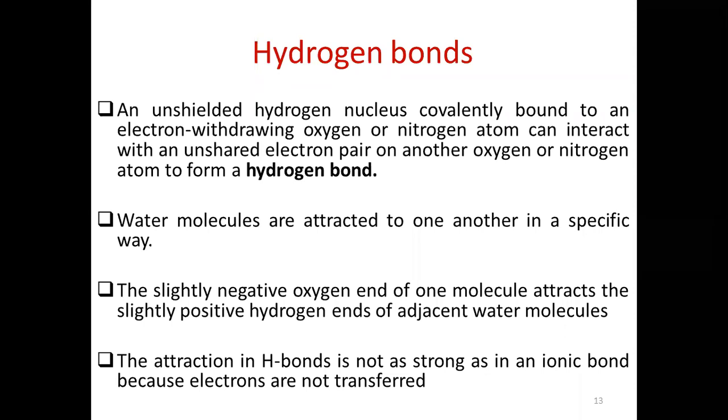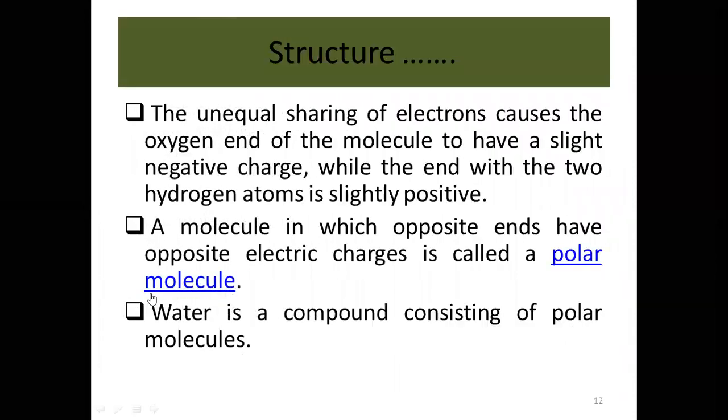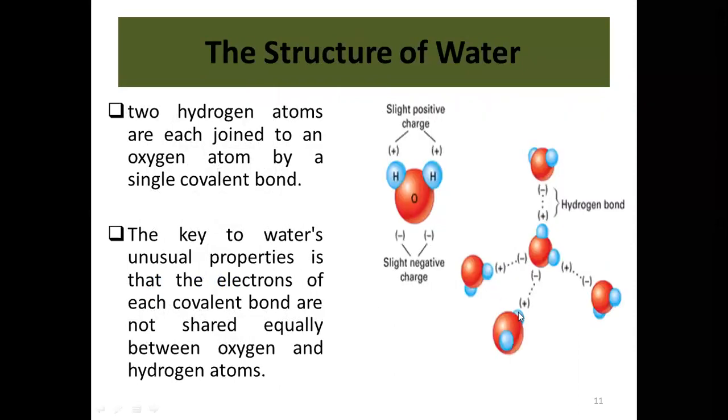So water molecules are attracted to one another in a specific way. The slightly negative oxygen end of one molecule attracts the slightly positive hydrogen end of adjacent water molecules. So this point is shown in the diagram that we saw earlier on. So we are saying the partially positive hydrogen end is attracted to the partially negative portion of another water molecule.